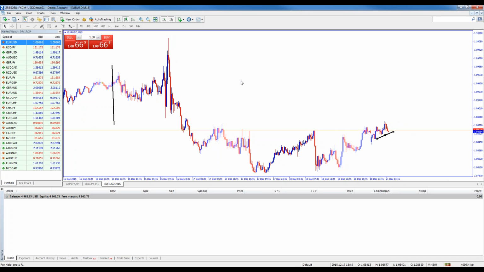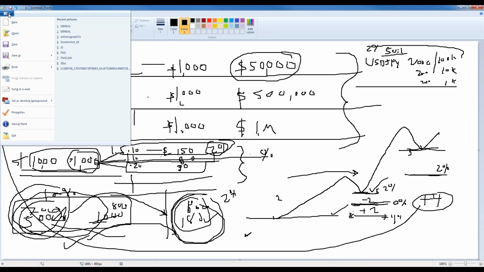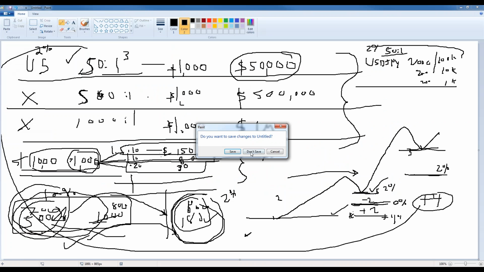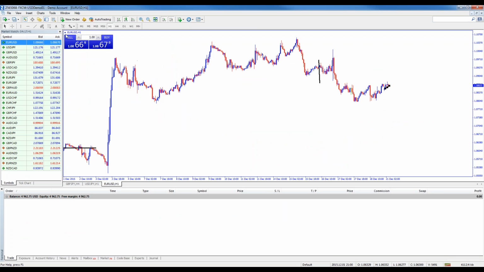There is, let's see, trading versus investing. Guys, watch this, okay? I'm going to show you something cool. Let's go back here. So, trading versus investing.